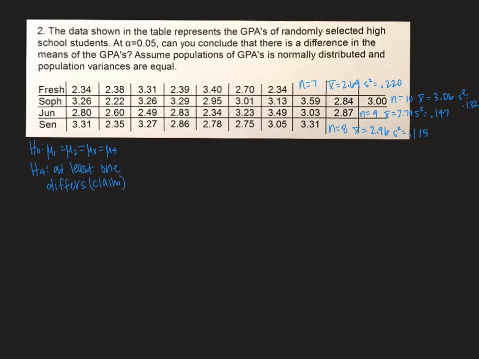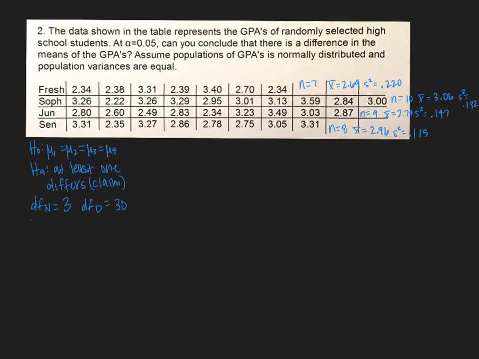So our degree of freedom for our numerator, we have 4 classes minus 1, which is going to give us 3. Our degree of freedom for our denominator, we had a total sample of 34 minus the 4 groups. So we got 30.